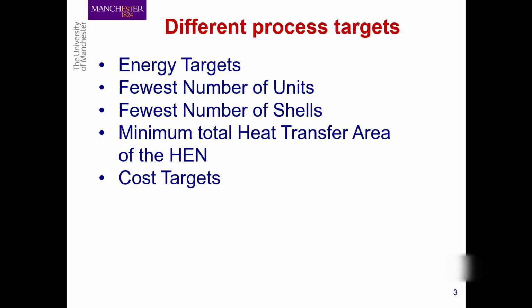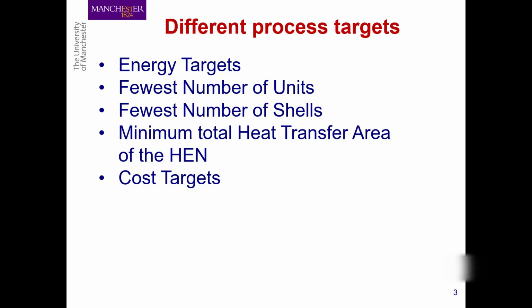Targeting procedures also help in the evaluation of alternative HEN designs, because many competing designs which satisfy the constraints of pinch analysis can be developed. Now, which HEN design should be accepted?